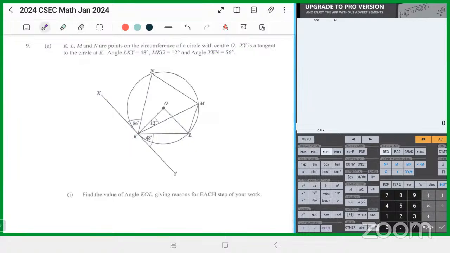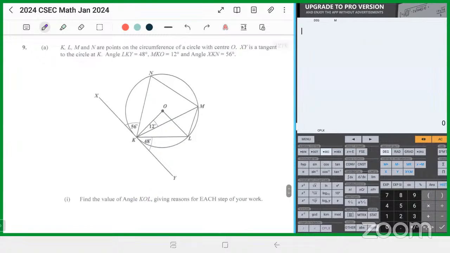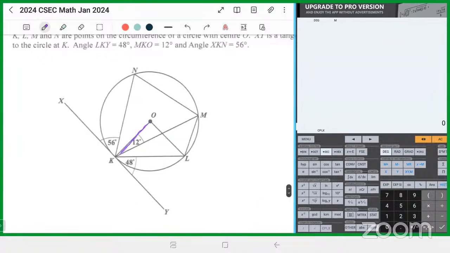The question says find the value of angle KOL and give reasons for the answer. So they're asking us for angle KOL, which is the angle right at the center here. KOL is right here. So what's the process of finding this angle?